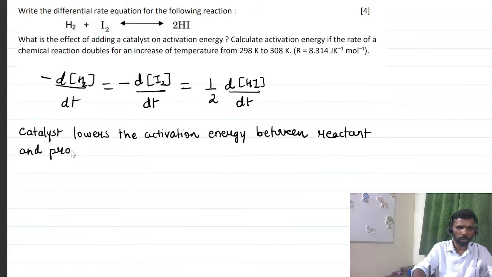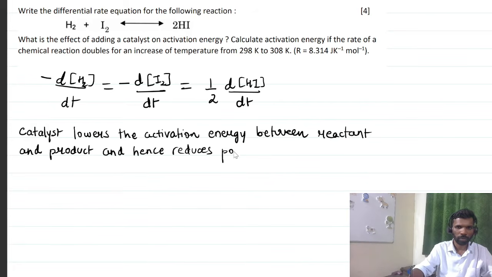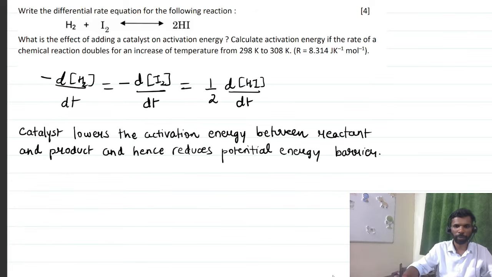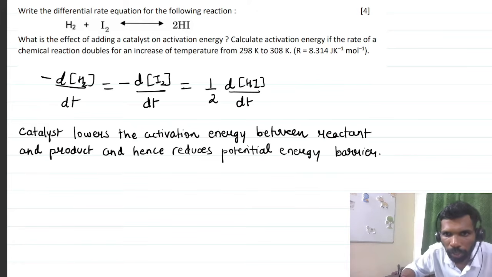Make a note of this. If you write this systematically you get the marks, and hence reduces the potential energy barrier. This is how you should be writing, because this is what is clearly mentioned in the NCERT. Okay, how clearly it is mentioned in NCERT.